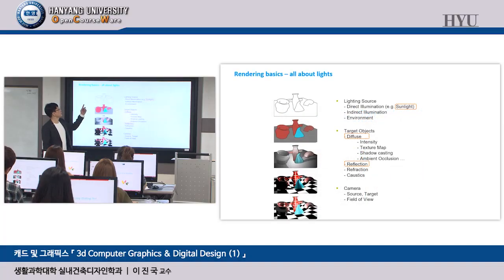So let's take a little more of a look at rendering. It's all about light. Take a look at the series of representations. Even if the visualization is not that good, this sequence, the procedural visualization, shows you the difference.